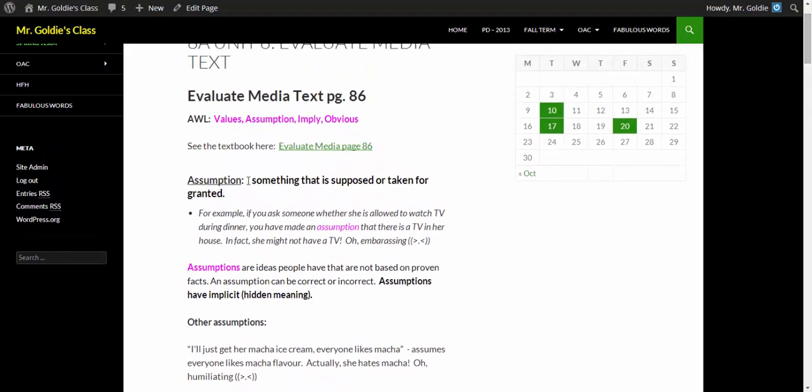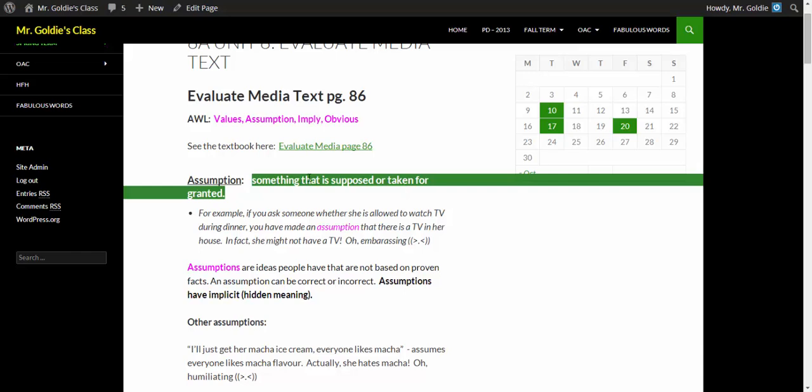So, first, something that is supposed or taken for granted is called an assumption. Okay? For example, if you ask someone whether she is allowed to watch TV during dinner, you have made an assumption that there is a TV in her house.